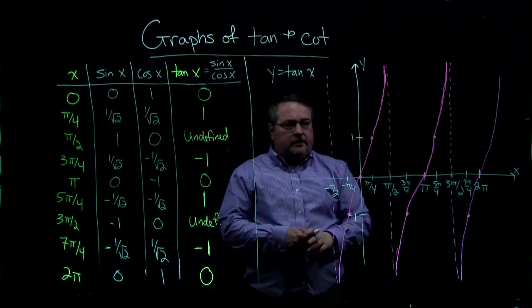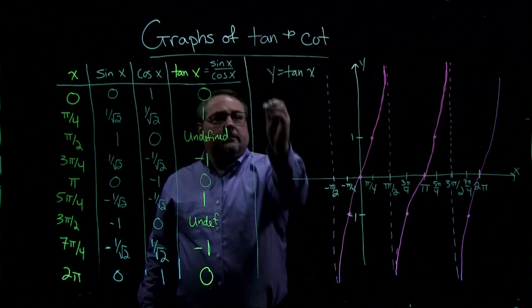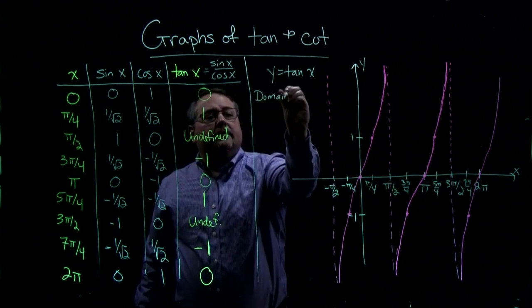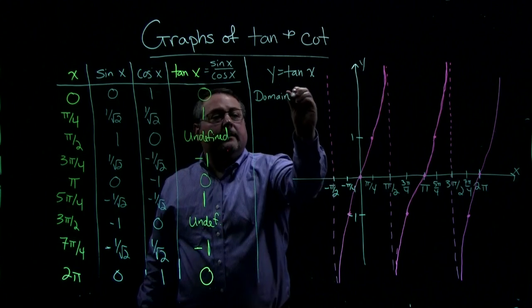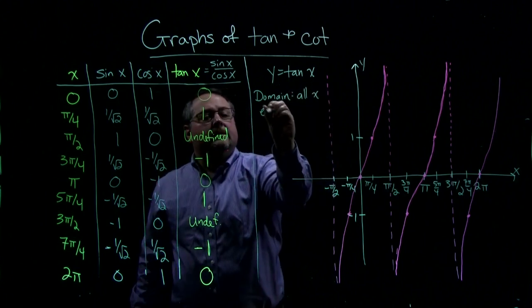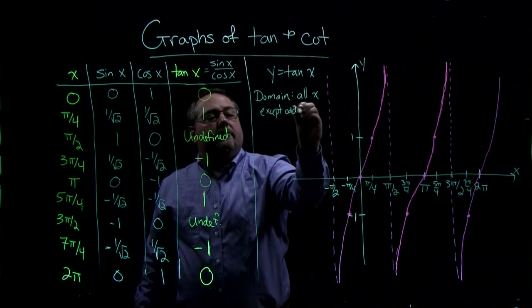Okay, so a couple things we want to note looking at this graph. First off, unlike the sine and cosine function, the domain is going to be all x except the odd multiples of pi over 2.